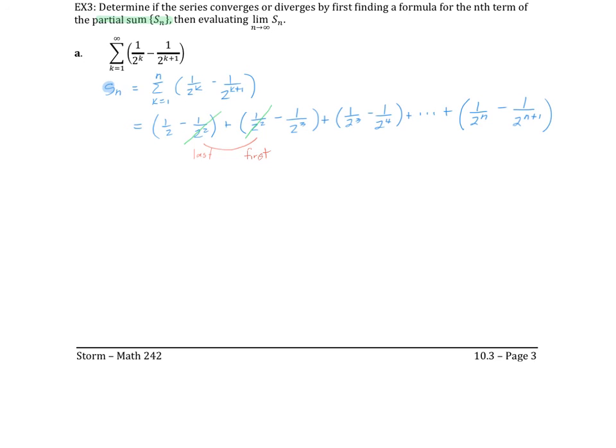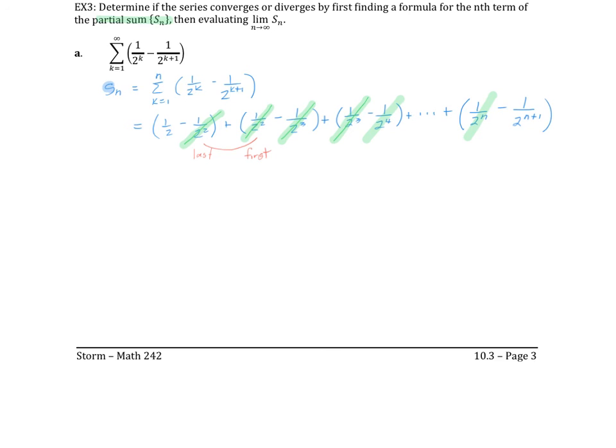So in the second set of parentheses, I'm canceling the last term with the first term of the next set of parentheses. So my pattern of cancellation is last, first, last, first. So I go last, first. Not everything will cancel.